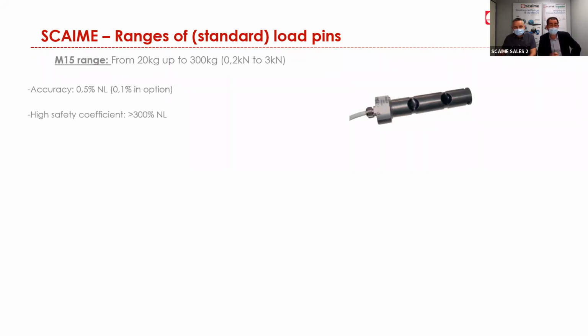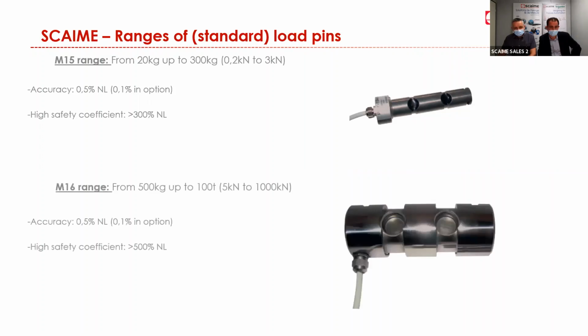The accuracy that you can expect with these load pins is about 0.5% of the nominal load, but also available with an accuracy of 0.1% in option. Something very important, this range of load pins offers a high safety coefficient, over 300% of the nominal load.